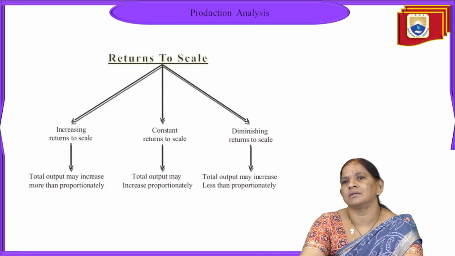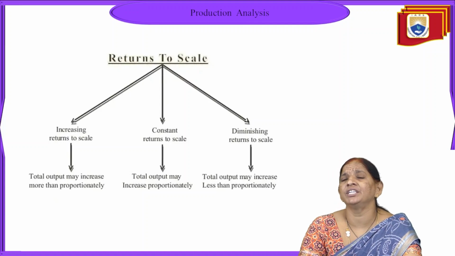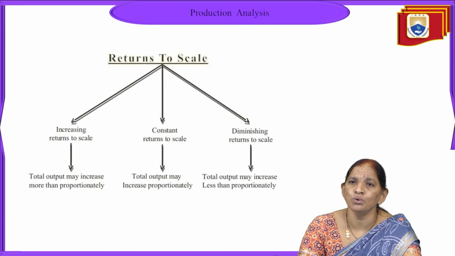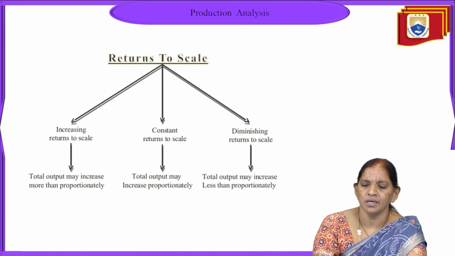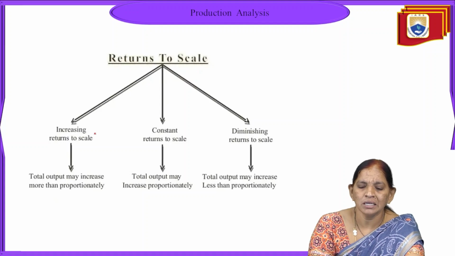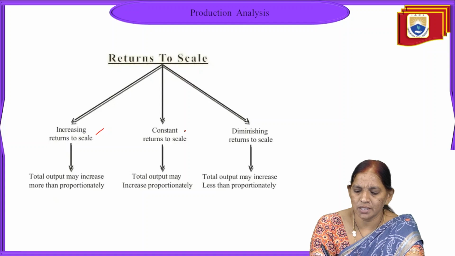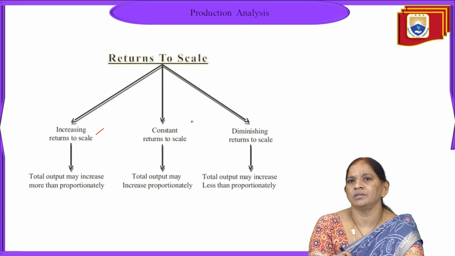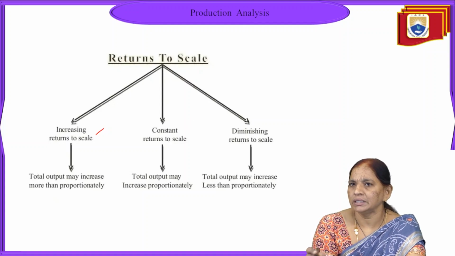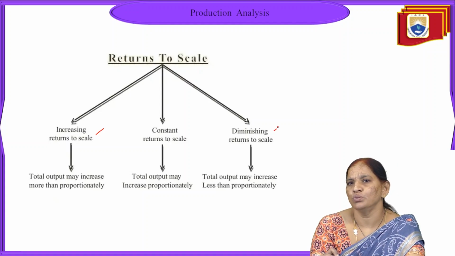So, in these returns to scale, we are able to identify three stages. The first stage is increasing returns to scale, the second stage is constant returns to scale, and the third stage is diminishing returns to scale.